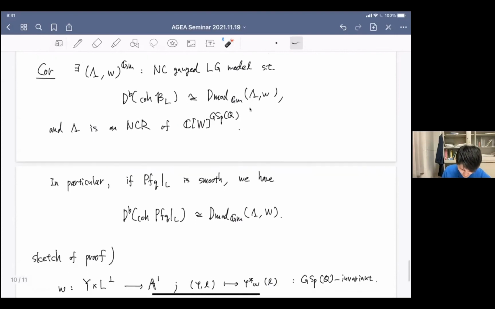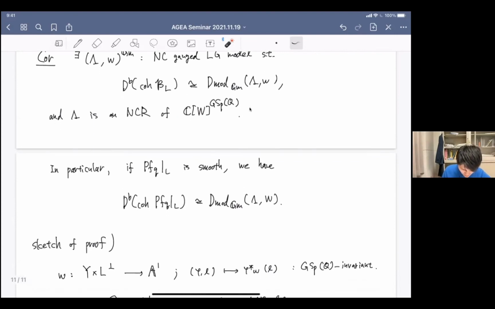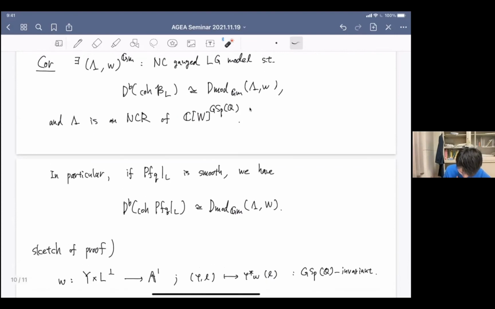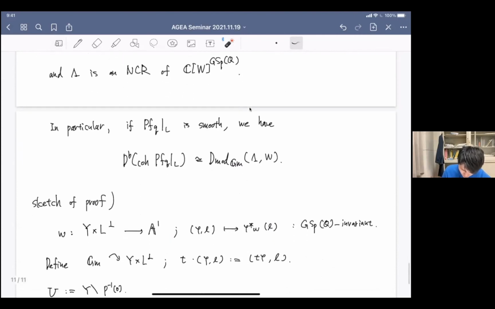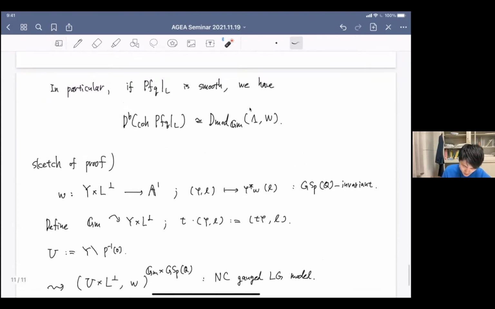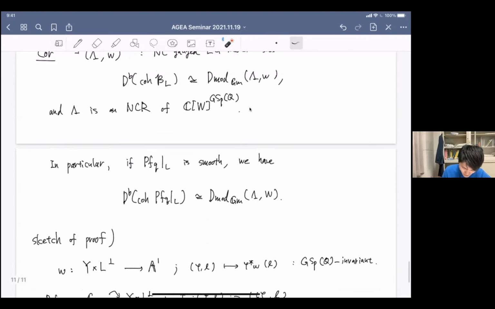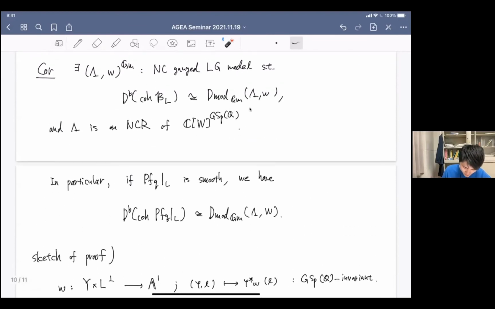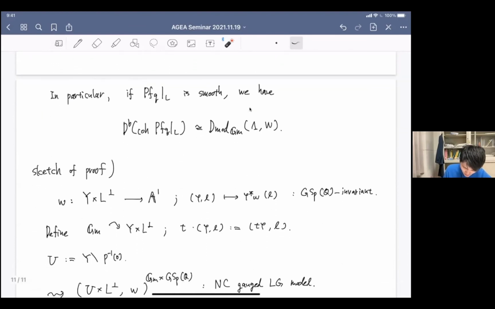I will explain a rough sketch of the proof. First, I define the regular function W in this way. W is a regular function on Y cross L perp, and this is GSp(Q) invariant.